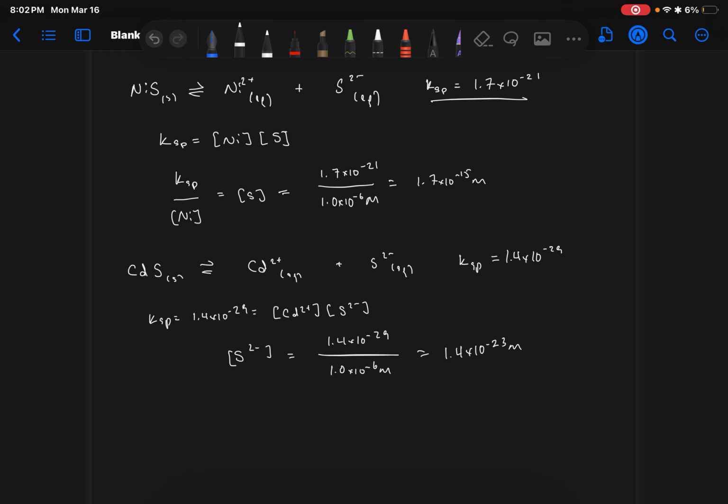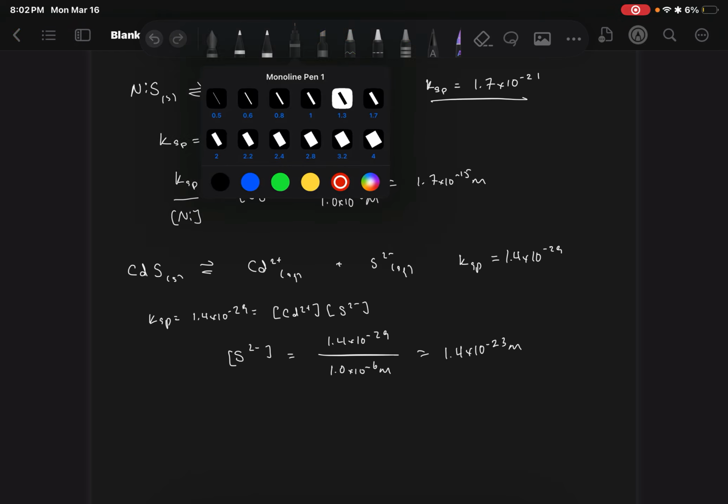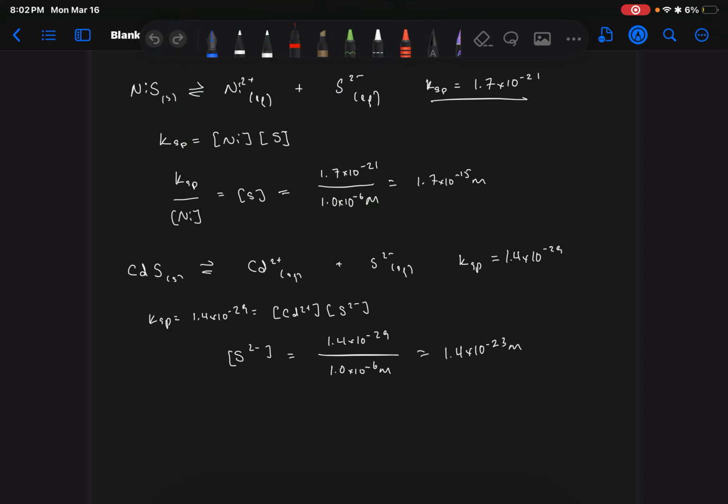So now, comparing these two values, we can see that it requires a much lower concentration of sulfide ion to precipitate. It takes much less sulfide ion to precipitate cadmium rather than nickel.